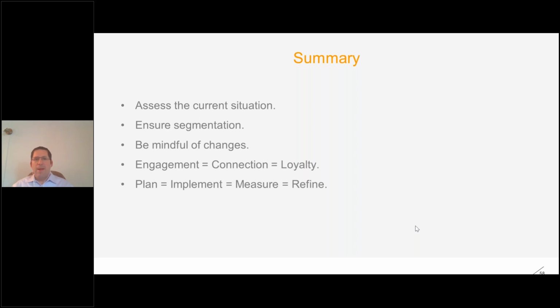And then let's remember that customer engagement in itself is about connecting with the customer. Yes, you are connected already, but going back to that third slide, in our business, the customer is king.